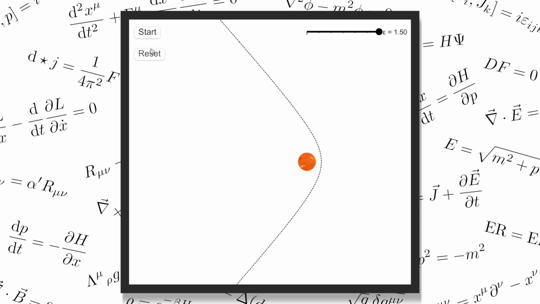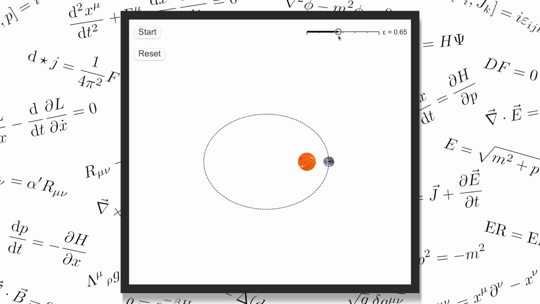For the orbits of the planets in our solar system, they are elliptical, but maybe not as much as you might think. Earth, for example, has an eccentricity only of around 0.02, which is only slightly non-circular. Mercury has the largest eccentricity of all the planets at around epsilon equals 0.2. But even that is only slightly non-circular to the naked eye.